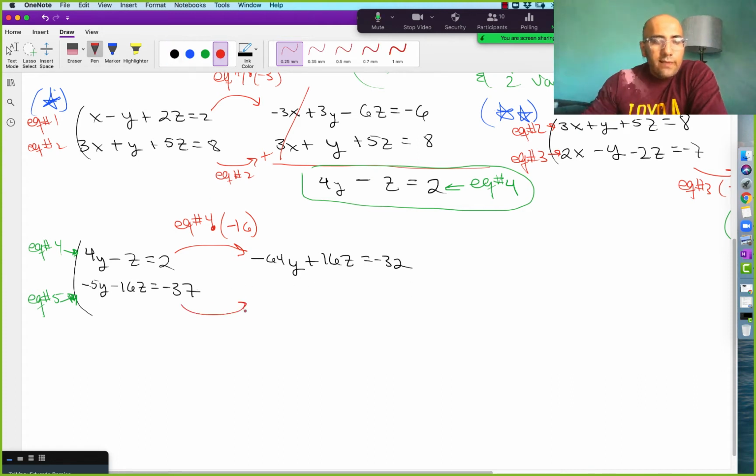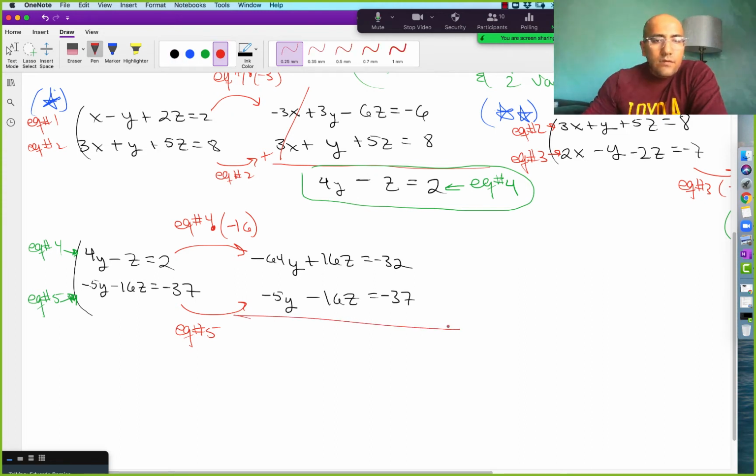And then equation number 5, we're just going to copy it, not do anything to it. So we'll end up with negative 5y minus 16z equals negative 37.